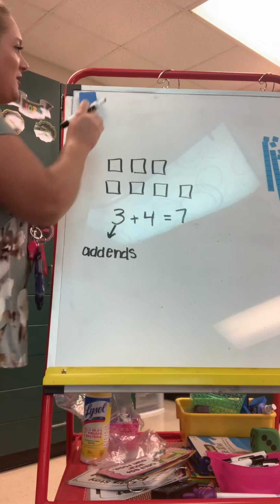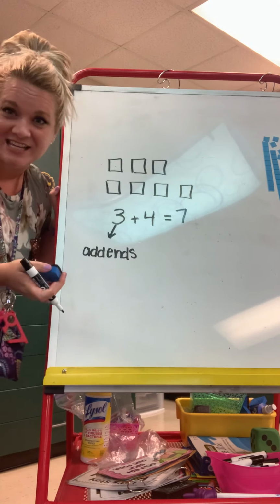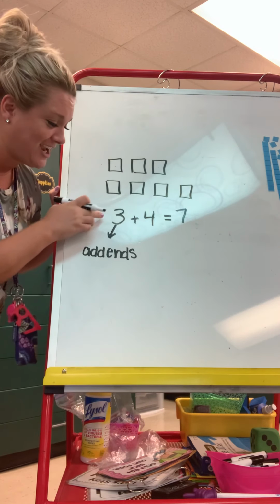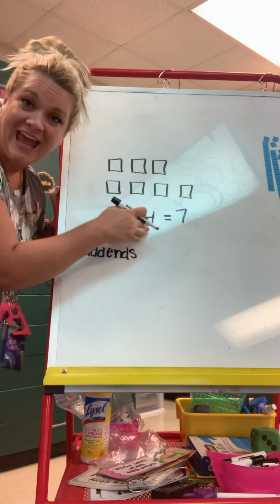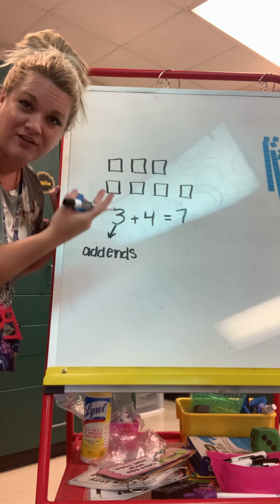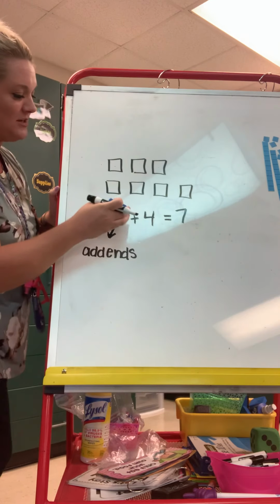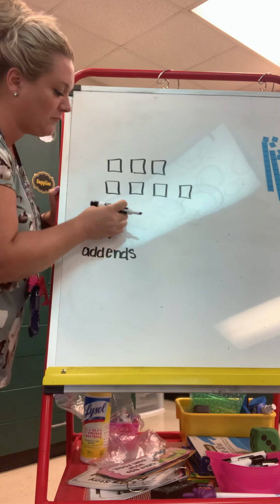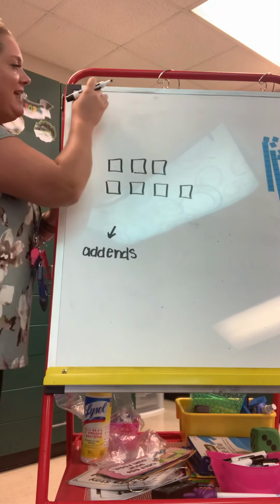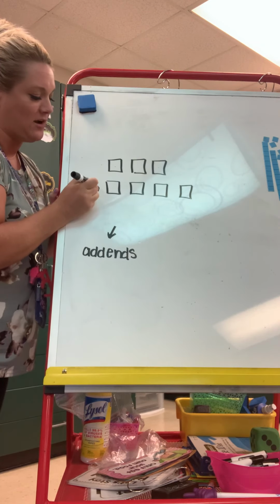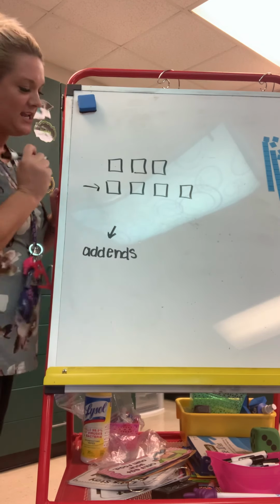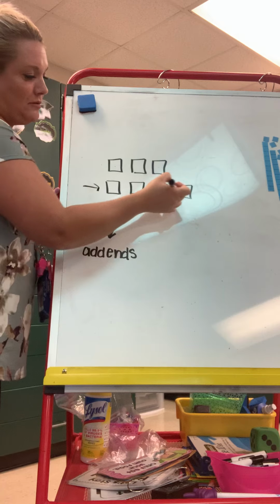Now, I told you that today's lesson we're going to be talking about how we can change different ways we can add these up, okay? So we can flip-flop the add-ins and we can still get the same answer, okay? Let me show you what I mean. So let's say I want to count these acorns first, okay? Remember there were 1, 2, 3, and 4.